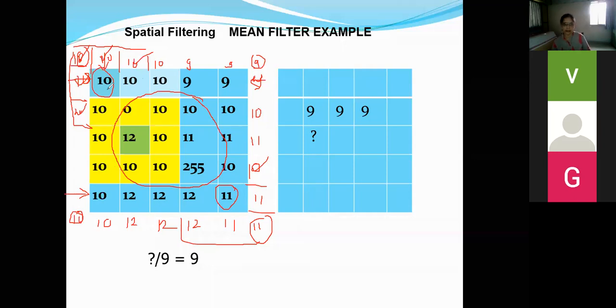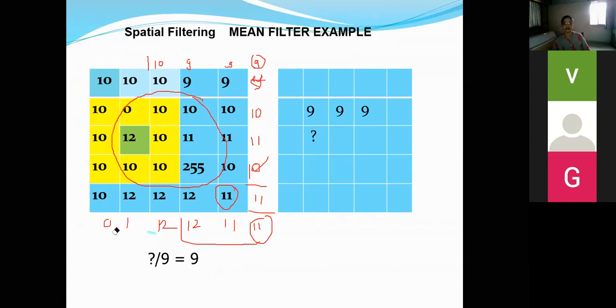But right now, what we are doing is skipping the first row and last row, skipping the first column and last column, and determining new values only for the central 3 by 3 region. Is it clear to you all why we are not right now considering the very first pixels and very last pixels?